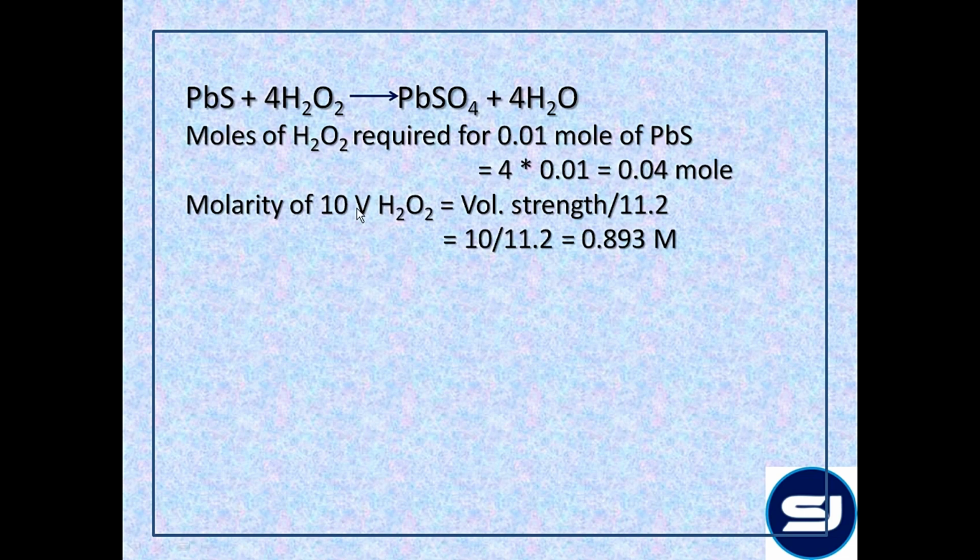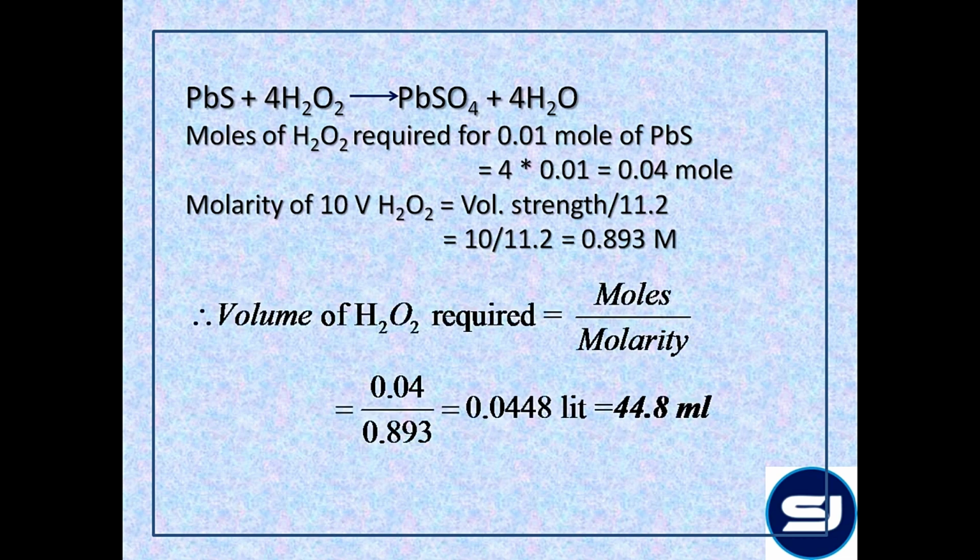Next, the 10V H₂O₂ is given. From that, we can relate the molarity by the volume strength relation. The relation is molarity of 10V H₂O₂ is volume strength upon 11.2. So the 10V divided by 11.2 gives a molarity of 0.893 molar. Now, if we have the moles and molarity, we can find out the volume of peroxide with a simple relation of molarity.